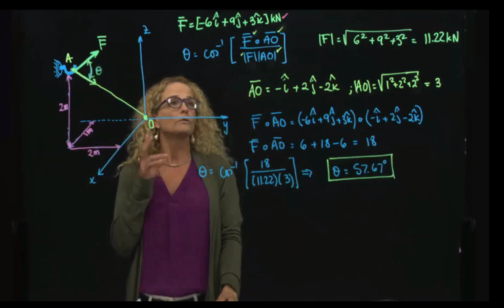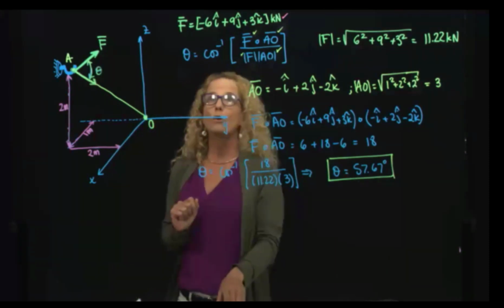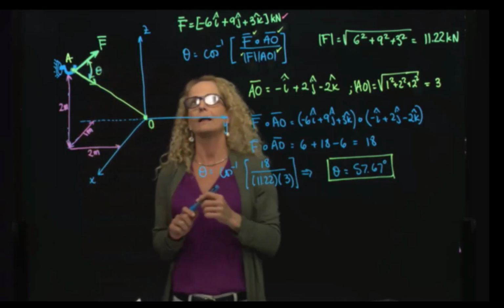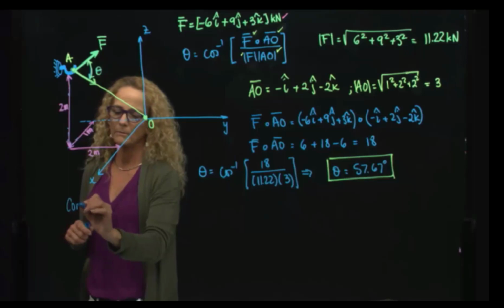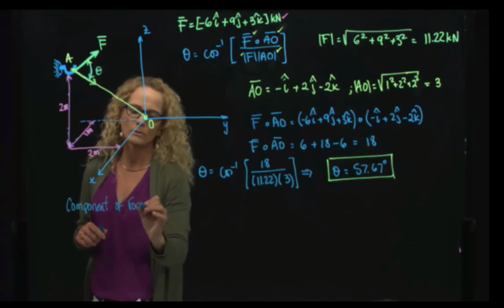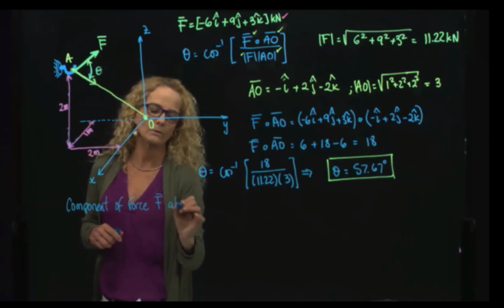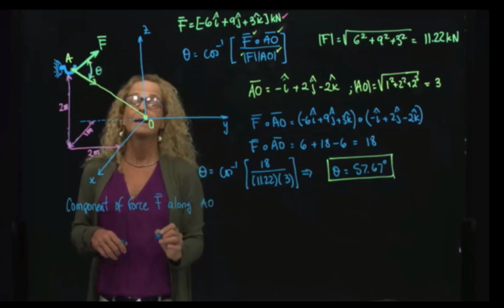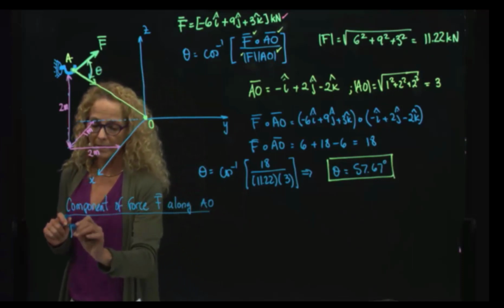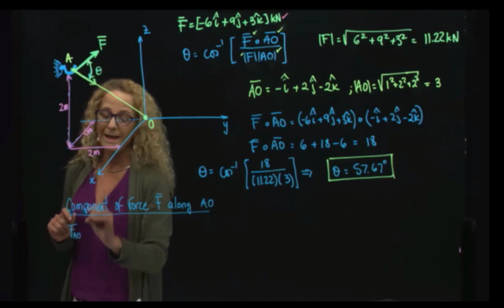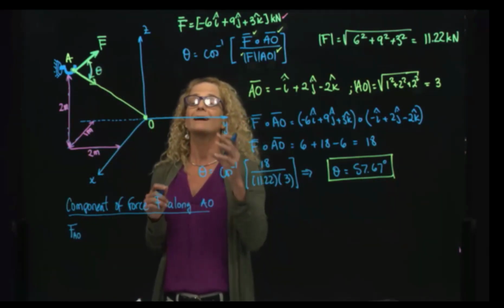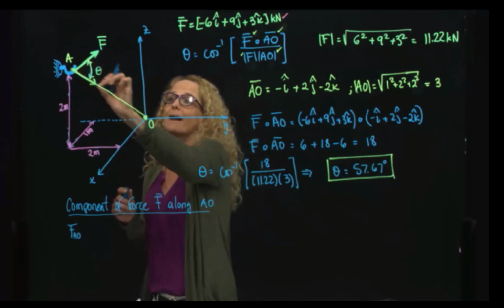We also want to find the component of this force F along the line AO. There are two ways to find this component, and I will call it FAO. When we talk about a component, we don't talk about a vector anymore. We talk about a scalar, because it's the magnitude along that line.